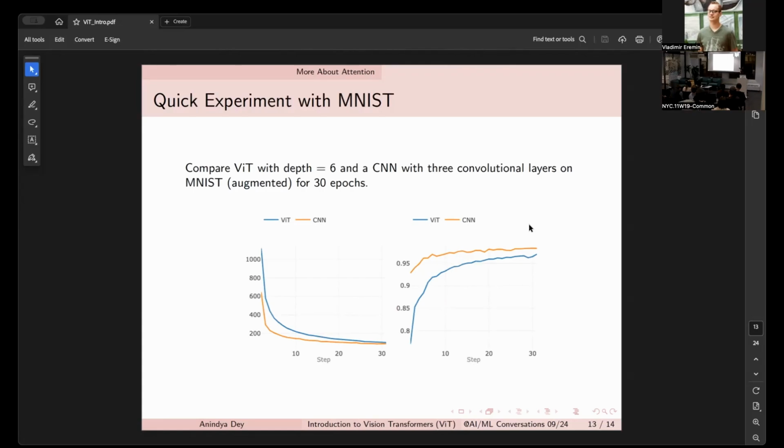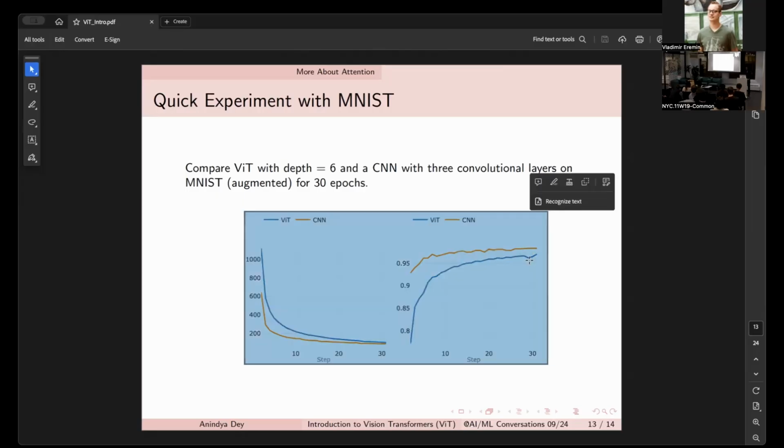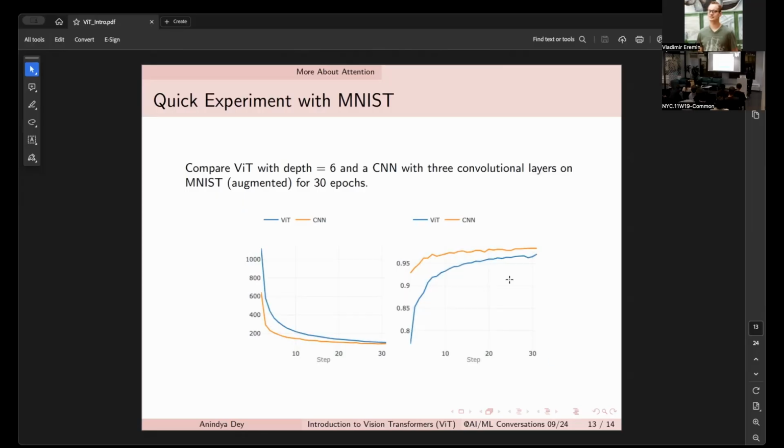Most of the ones they're using have depth more than 10, like 12, 14, and so on. And you take a very simple CNN with 3 convolutional layers. You just run for 30 epochs, and you see that the ViT does extremely badly, even with augmented MNIST. After 30 epochs, it asymptotes. So it's indeed true, and there might be ways of improving this.